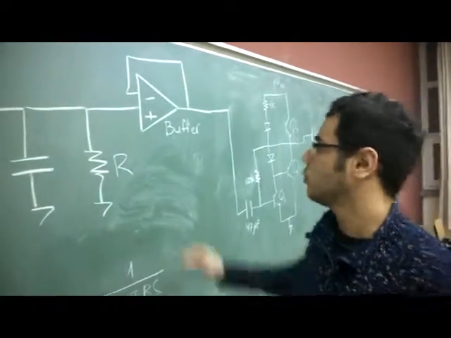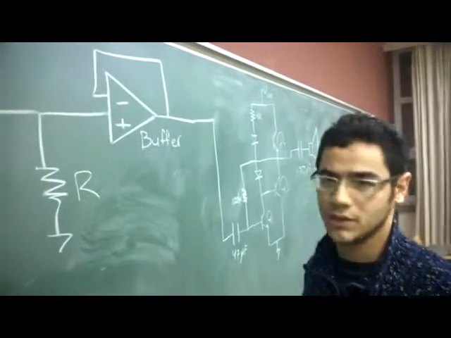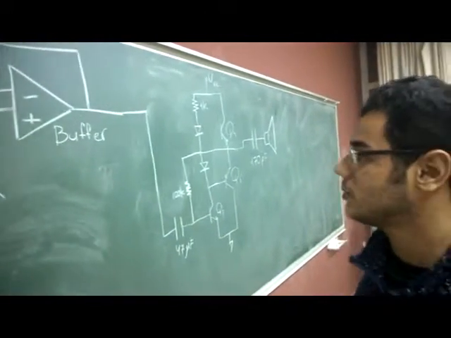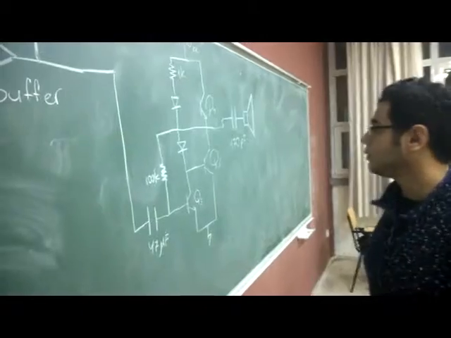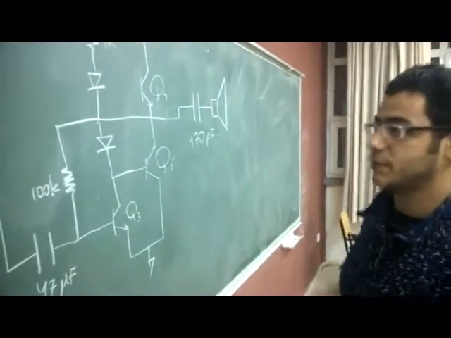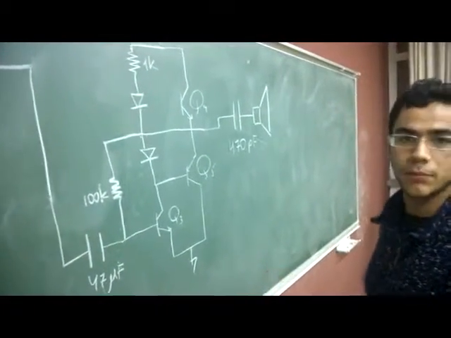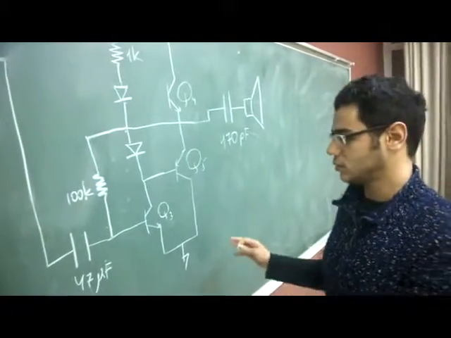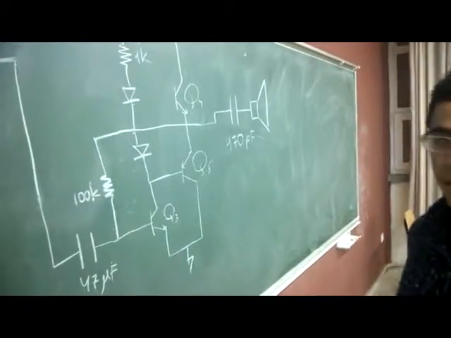Now, after this part, we put a buffer in order to isolate the two systems, partially input and output systems. And finally, before going into the speaker, we have our important audio amplifier part. This is the part that is well known to us from the analog electronics course.